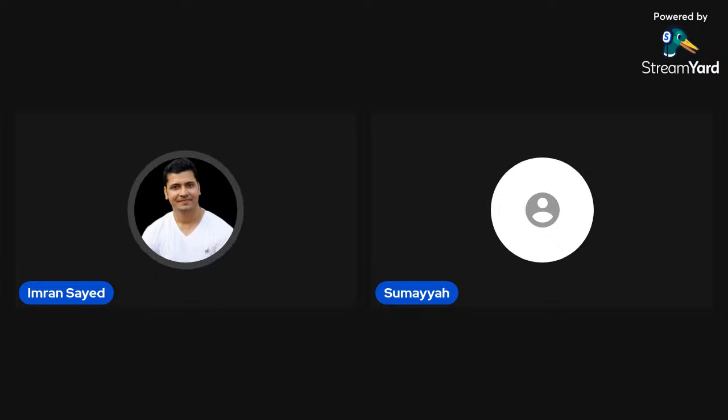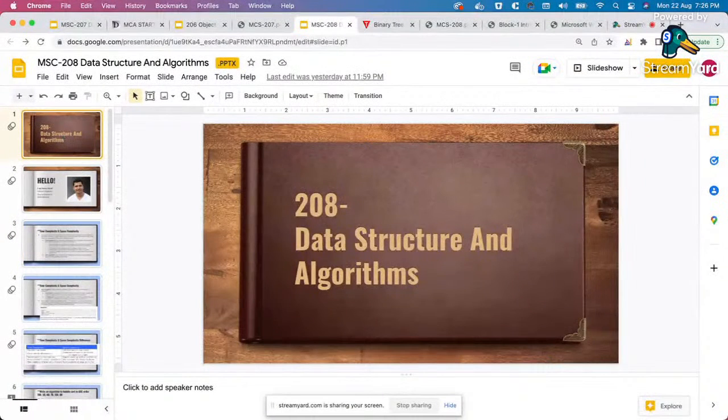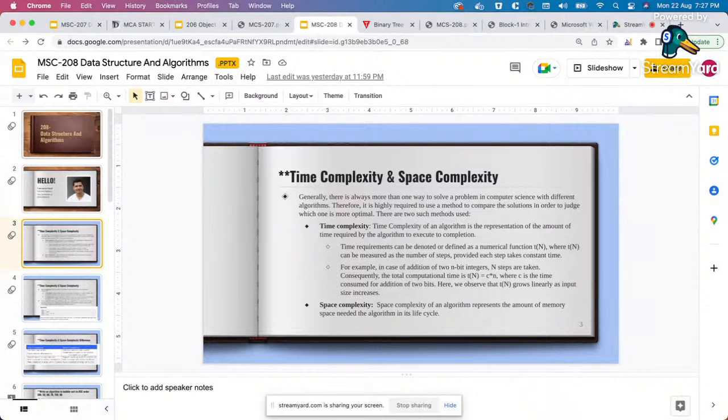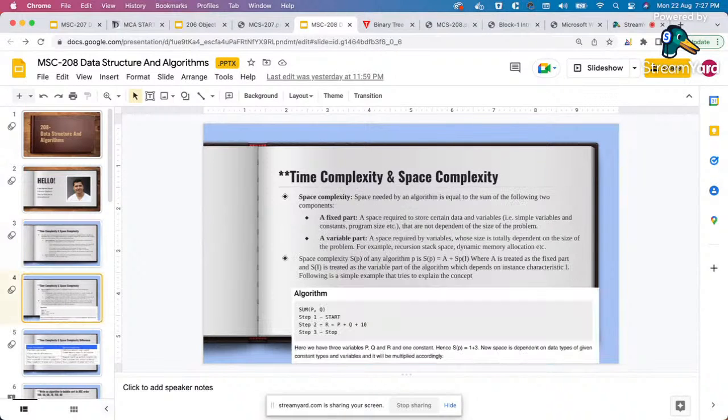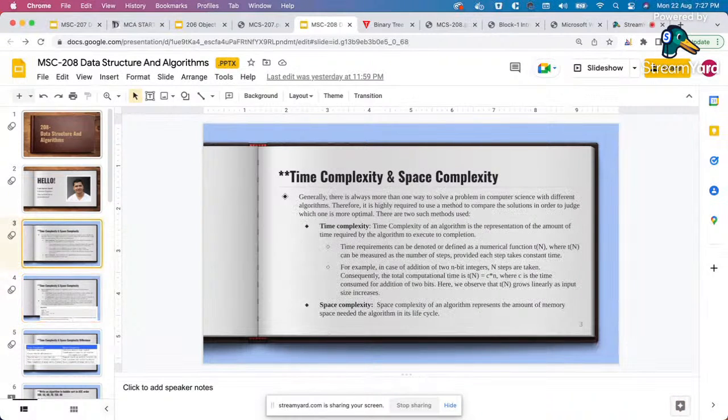Okay, before I start on the database, I'd like to share something with you guys. Last night I created this data structure algorithm document. We really don't have time, and at least Suma, you have started it, but I haven't started this yet. So I'm just keeping all the questions from the question paper as well as from the assignment.